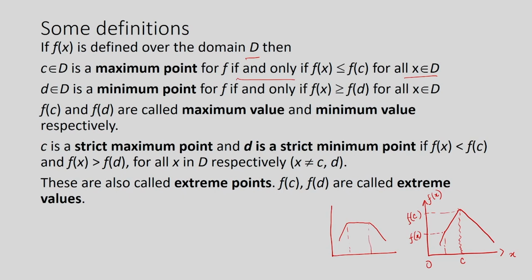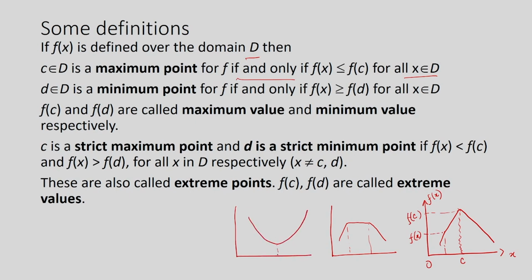Now, this was the case of maximum point, and similarly there is an idea of minimum point. Small d belonging to the domain capital D is a minimum point for f if and only if f(x) is greater than or equal to f(d) for all small x belonging to capital D. So, here the shapes will be something like this.